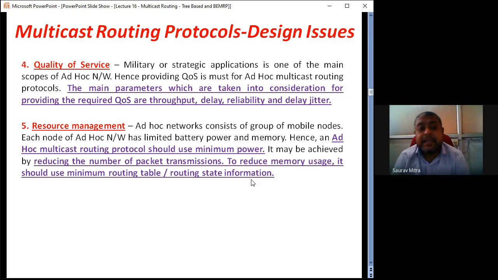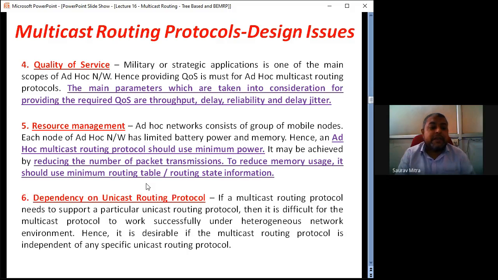That will actually increase the lifetime of the node, that will increase the lifetime of the network. So resource management means bandwidth management, proper data transmission, and node battery power management, which will increase the node lifetime. So these two are the main issues.